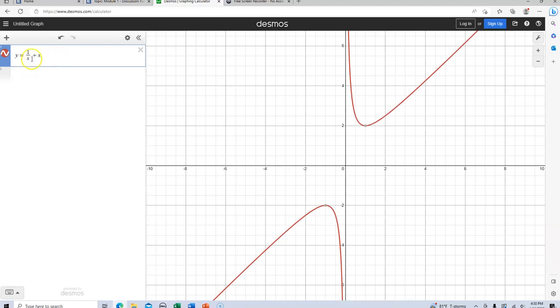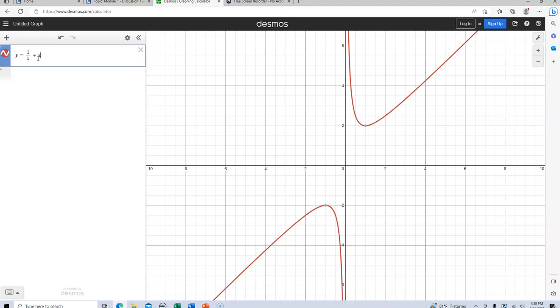Notice that I have now created a situation where, if I were to simplify this, I would have to multiply x by x over x to have a common denominator. And so this, in fact, would give me a condition where the degree of the numerator is greater than the degree of the denominator.